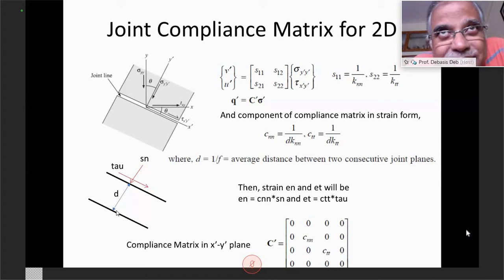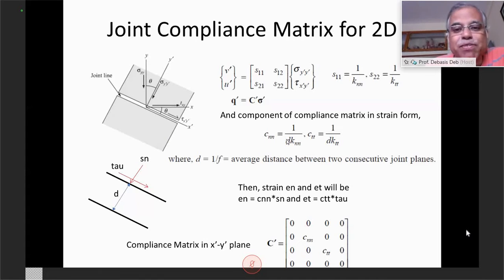V by D. V by D, right? Yes. V is the displacement and D is that length. Basically, that is the length, and this joint is getting compressed because of this normal stress, so that becomes V, and this total is D. So we are getting V by D as the strain.